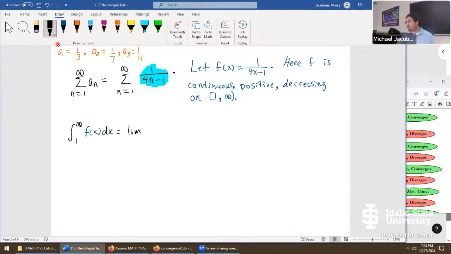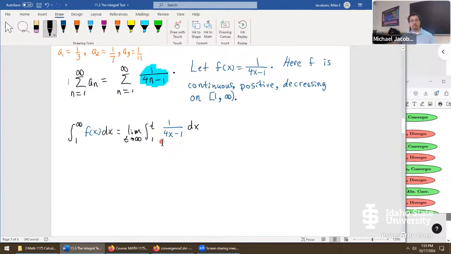That's this required step here: the limit as t goes to infinity of the integral from 1 to t of the function, not 4n minus 1, it should be x, 1 over 4x minus 1, we need a continuous function, and now dx.